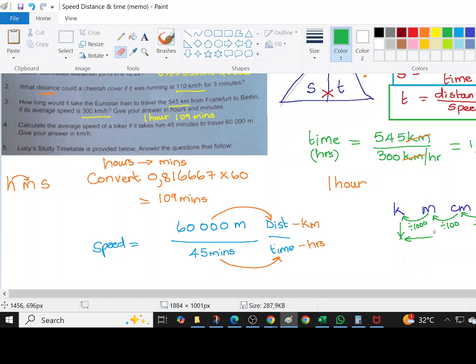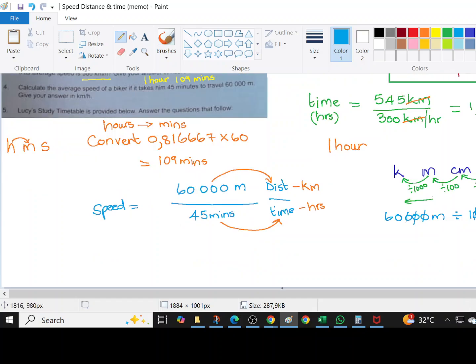So we are doing 60,000 meters divided by 1,000 is equal to how many kilometers? You can either do it on your calculator or you can just cancel the zeros. 60 kilometers, well done.